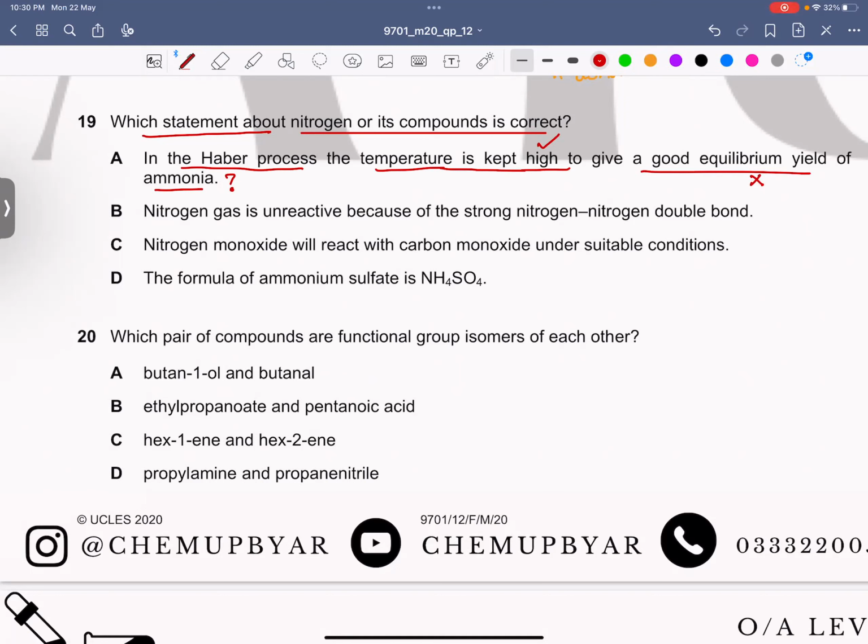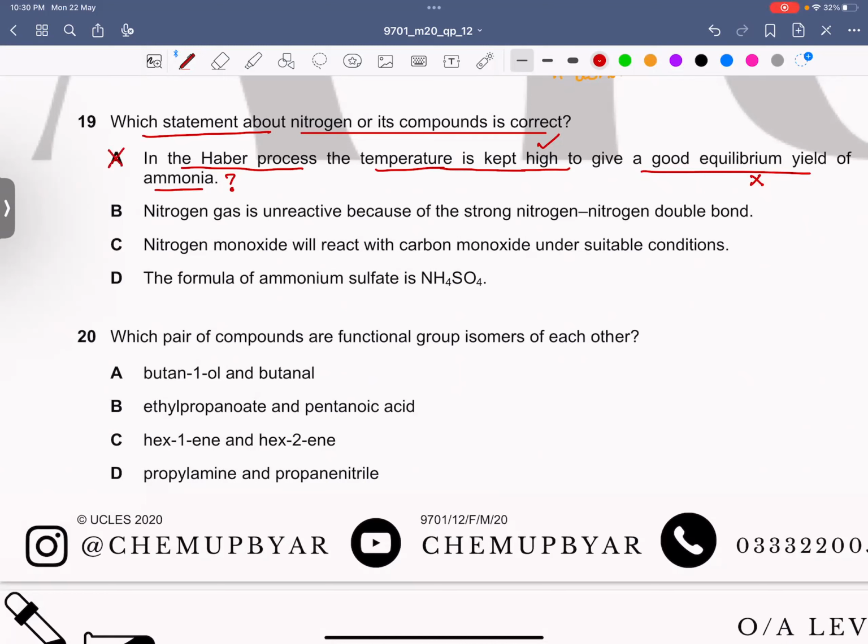When we lower the temperature, obviously the equilibrium will shift towards the right and we will get more product, but the rate gets slower. So in this case, we are keeping the temperature high to maintain the rate of the reaction, to speed up the reaction, not to increase the yield. So A option is wrong.